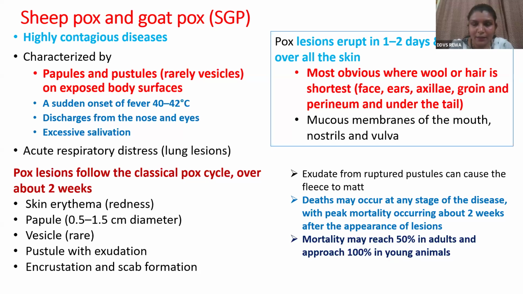These lesions are very specific, and they show a clear-cut pattern of development of pox lesions. In this case, mortality may also be very high, up to 50%.